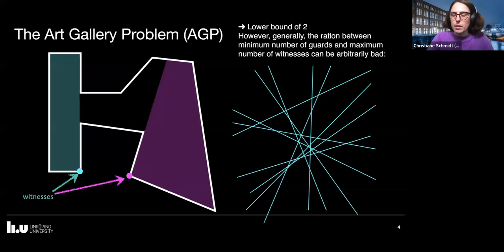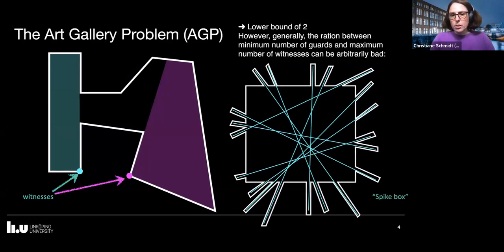If you look at something that we call a spike box, you just have a set of line segments in the plane, and then you build a bounding box around all the intersections and have small spikes around the tips, then you can only place one witness. You can hide someone in one of the spikes, but as that visibility polygon will intersect all the others, no matter where you place anyone, you can't hide another one.